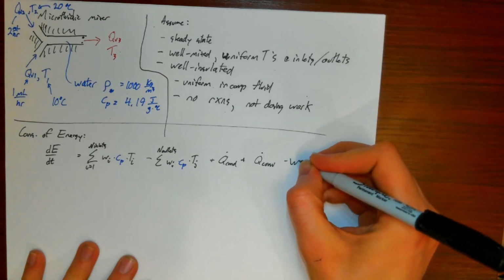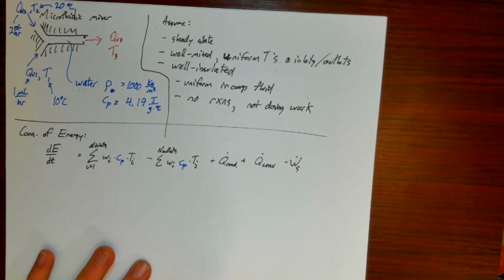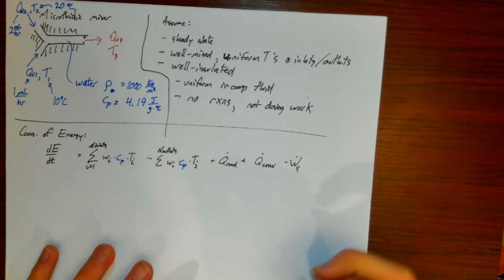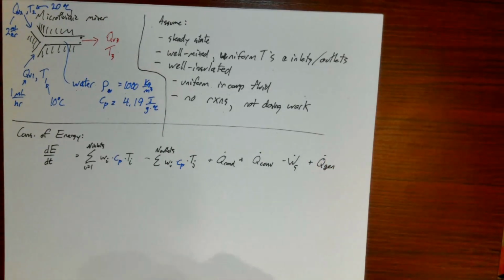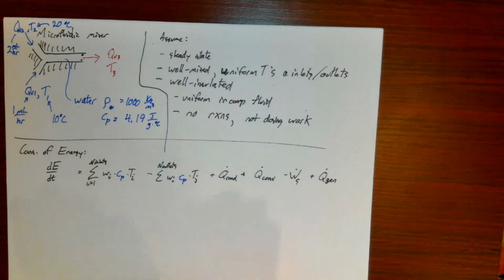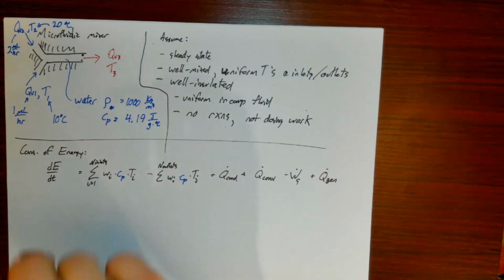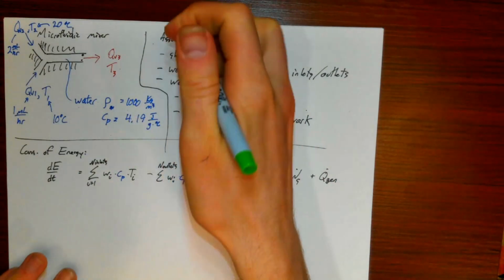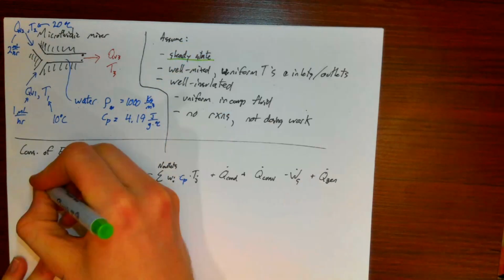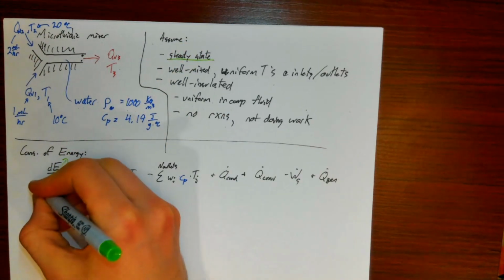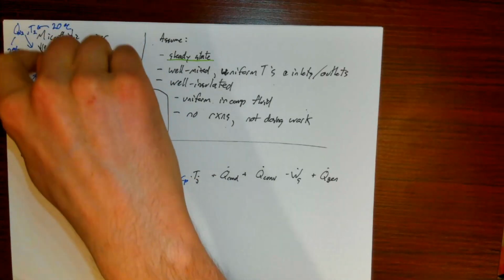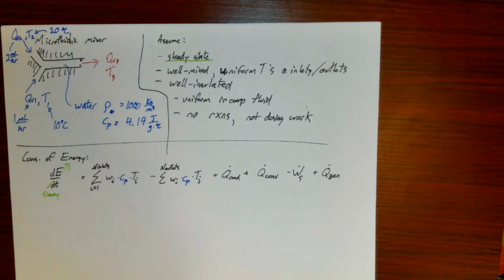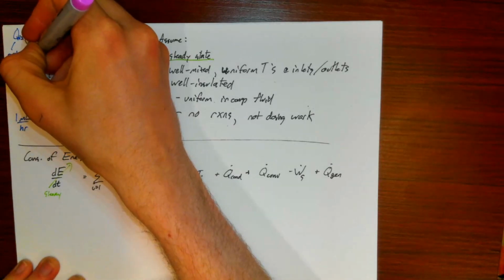We could also have work done on the system, and we could also have generation. So what assumptions can we tie to which terms down here? Well, the steady state assumption allows us to get rid of this term. We do have mass. Oh, I should define my system first, right? So let's define my system.